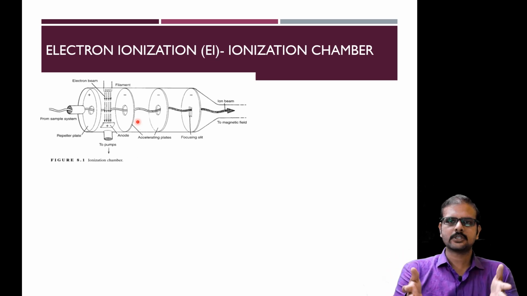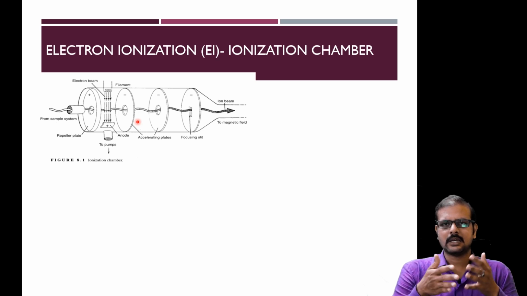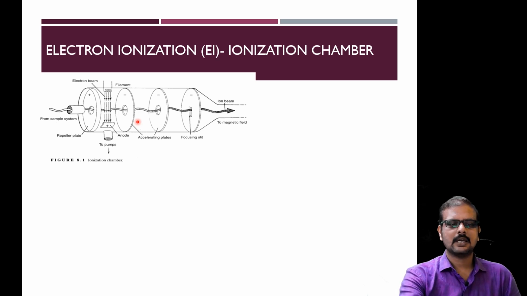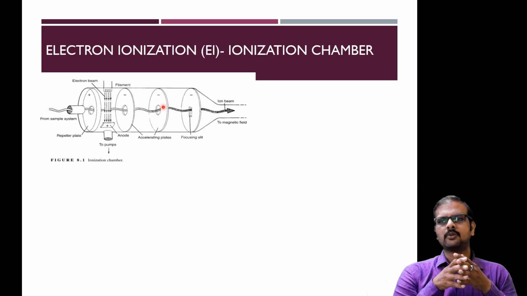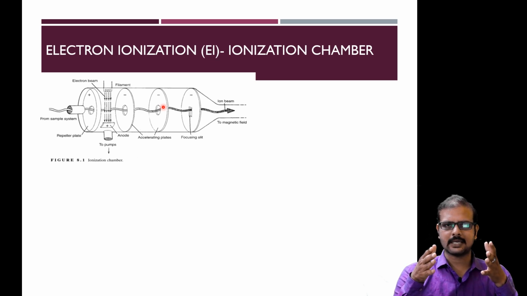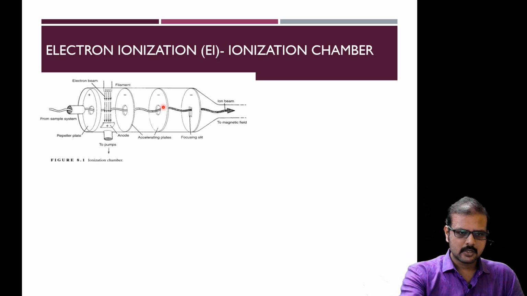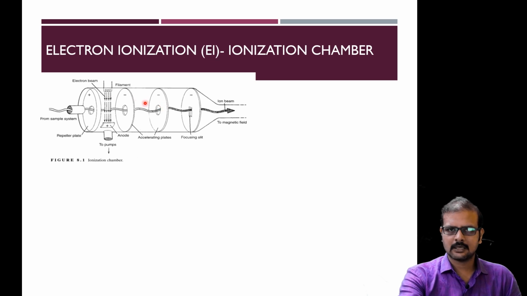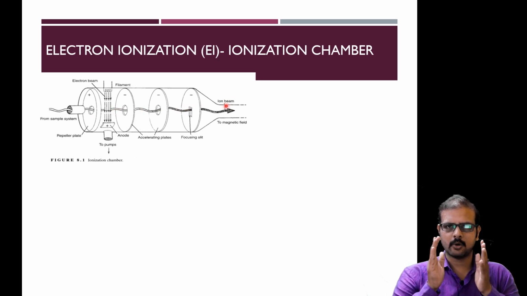For this, we have to push the molecules into the mass analyzer, which is done using these acceleration plates. They accelerate the molecular ions and push them into the mass analyzer. There will be slits for passing to the mass analyzer, so that the ions go at a constant flow rate and in a constant direction.